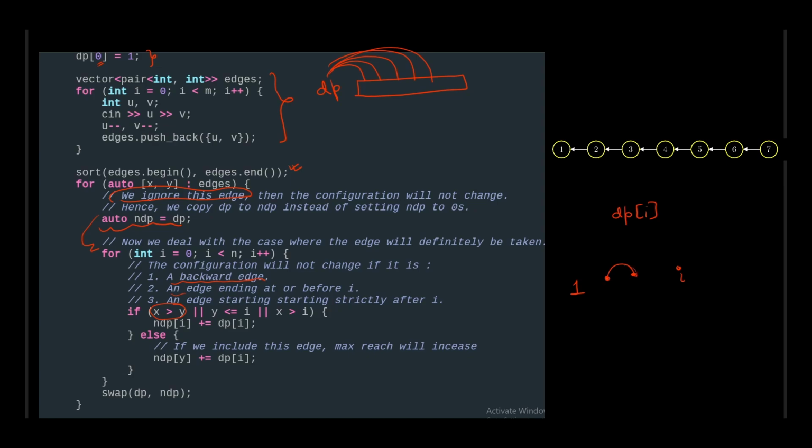And then finally an edge starting strictly after i. So even if you take this and this, it does not change the equivalence class of your graph, but it does increase the count by that number, right? For example, let's say you had 3 graphs where you were able to reach i. Suppose one graph was with 1 hop to i, the second graph was with 2 hops to i, and the third graph was with 3 hops to i.